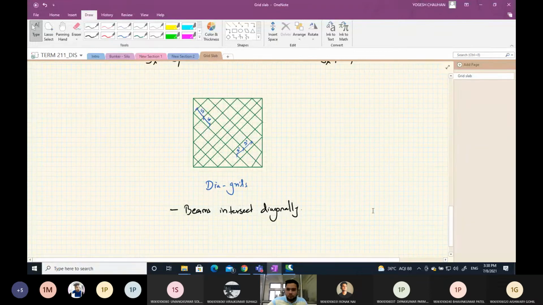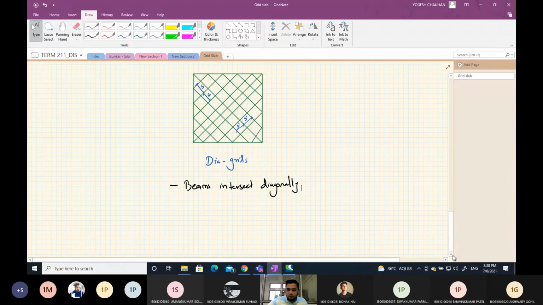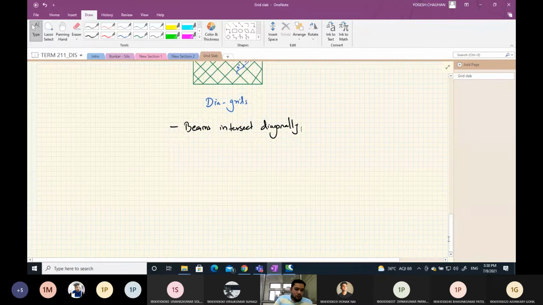Now, sometimes a portion of the panel may be provided with this grid floor, and at the ends we can have solid slab, for negative bending moment.